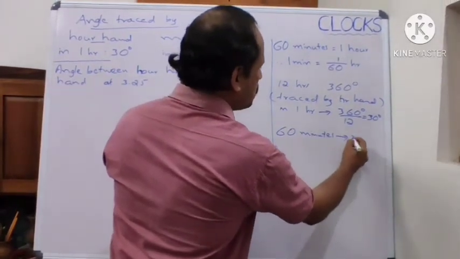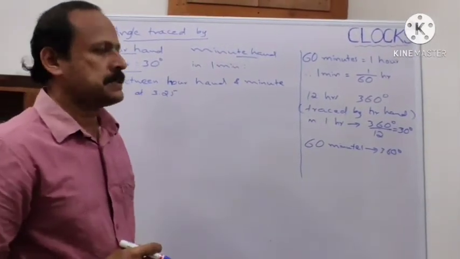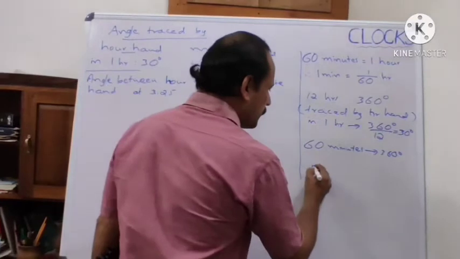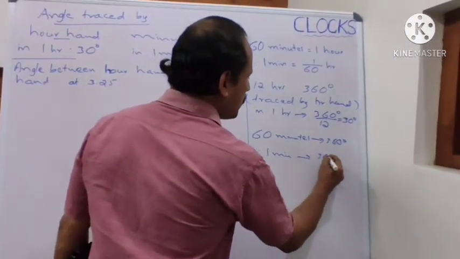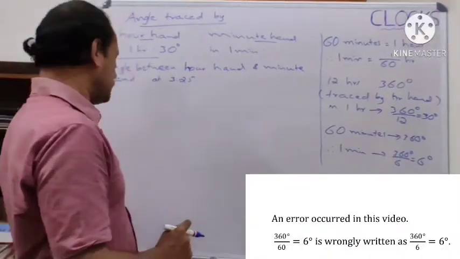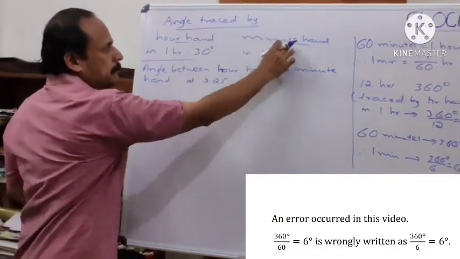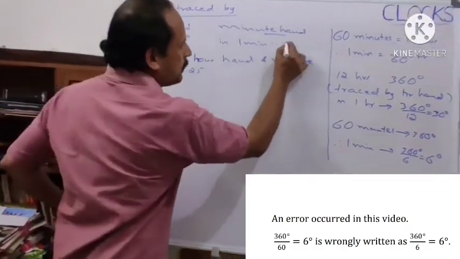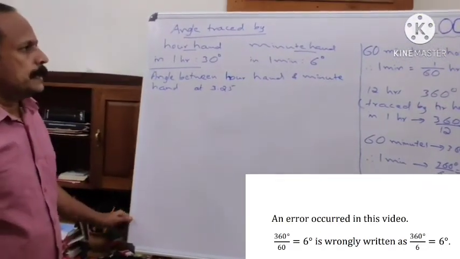For 60 minutes, we have 360 degrees. Therefore, for 1 minute, we have 360 degrees by 60, that is 6 degrees. Thus, angle traced by minute hand in 1 minute is 6 degrees.